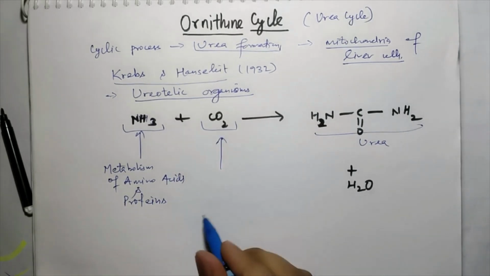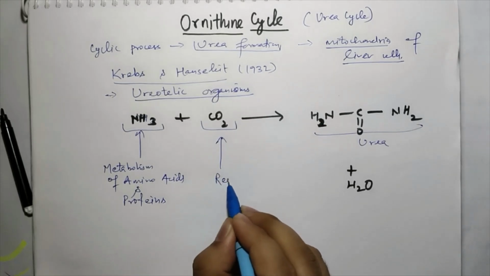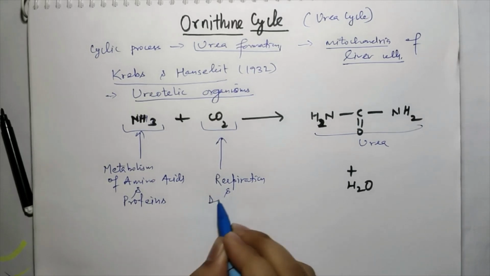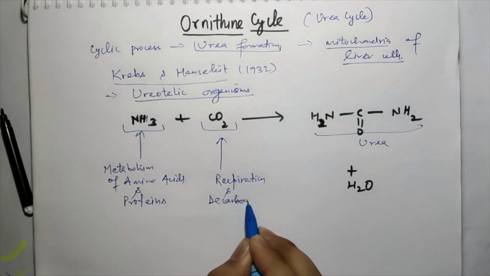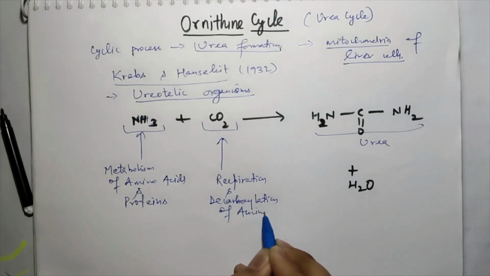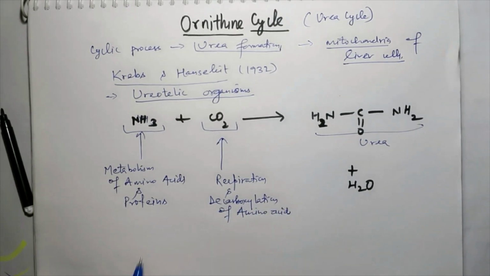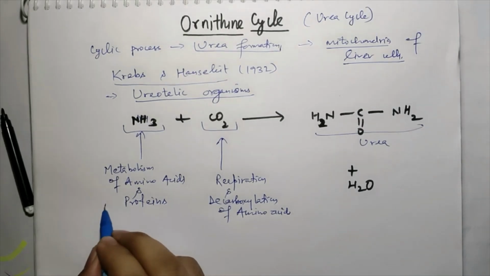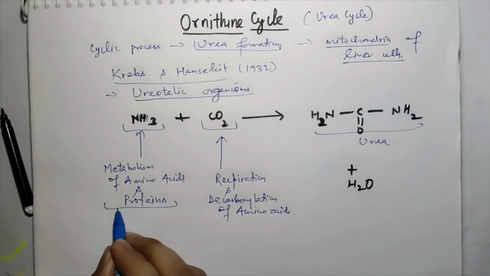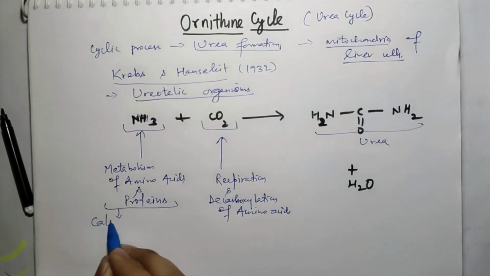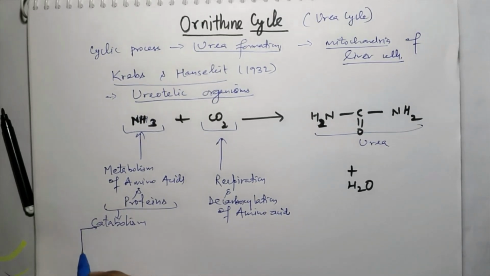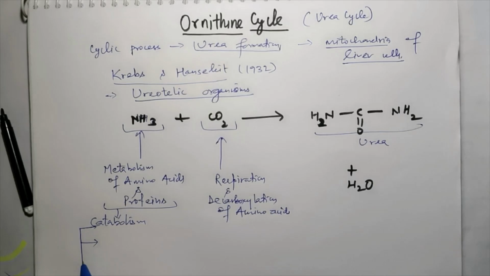Similarly, carbon dioxide is derived from respiration as well as decarboxylation of amino acids. So metabolism of amino acids and proteins is basically a type of catabolism that is of three main types.